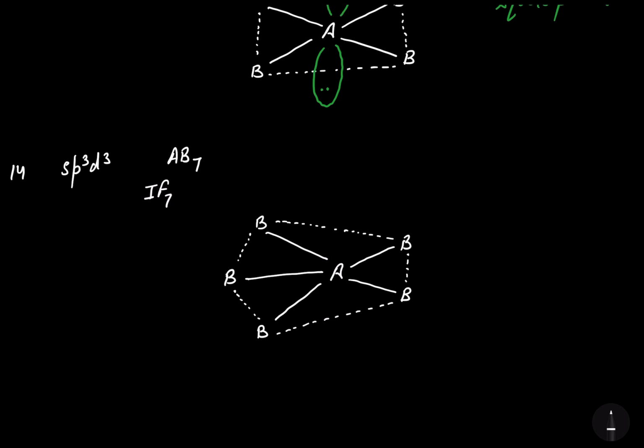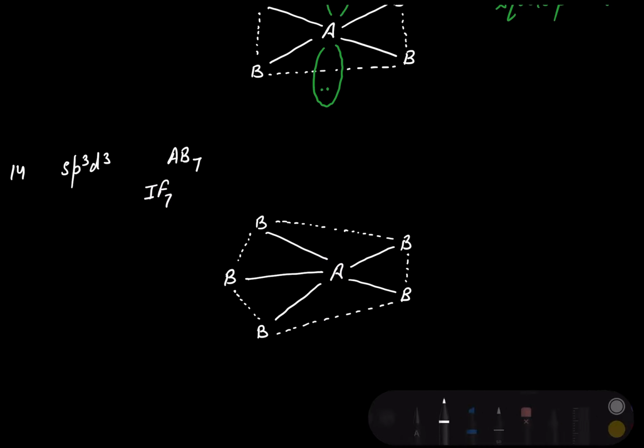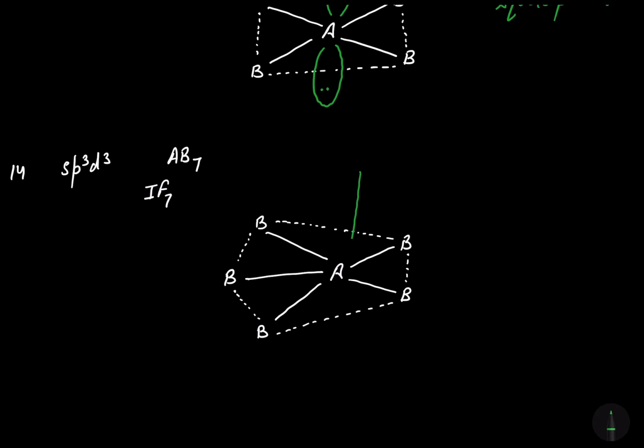Now this is the pentagonal plate in 2 dimensions, and all are at the equatorial positions. Now we are left with 2 B's, and those will occupy the axial positions. That's B over here and B over here.